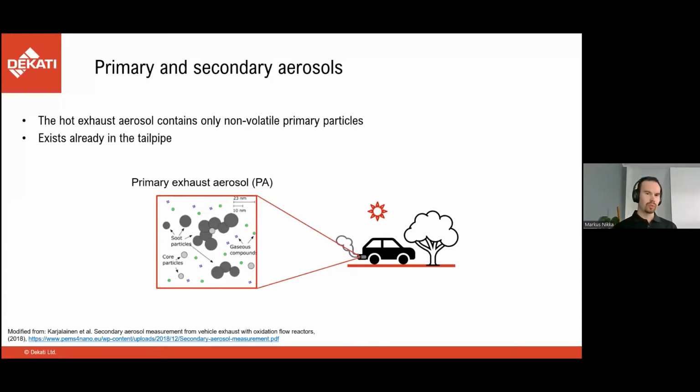So for the primary aerosol, we've taken the example of engine exhaust aerosol. The primary aerosol already exists in the vehicle tailpipe. So we have the non-volatile solid primary particles, the soot particles, and then some smaller core particles originating from the engine. And then we have different gaseous components, for example, hydrocarbons.